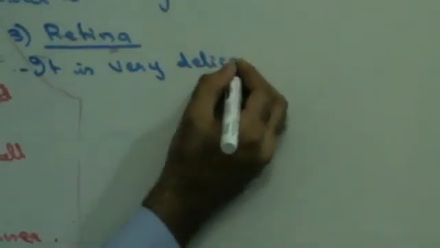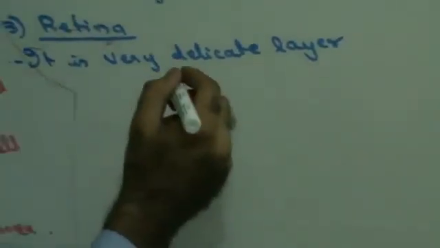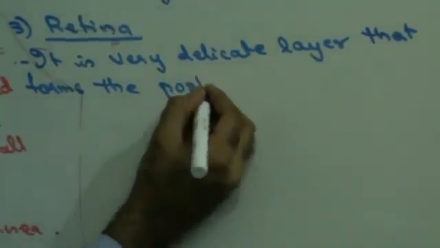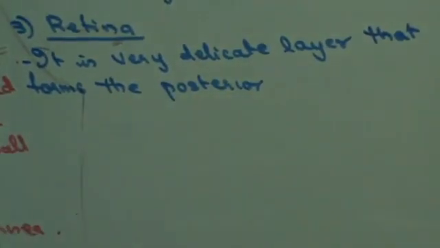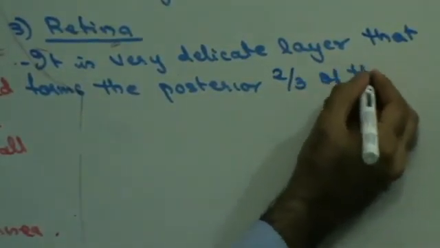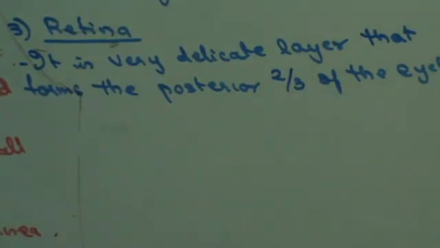Retina, it is a very delicate layer that forms the posterior two-thirds of the eyeball. Right, so the posterior two-thirds is made up of this and is sensitive to light.